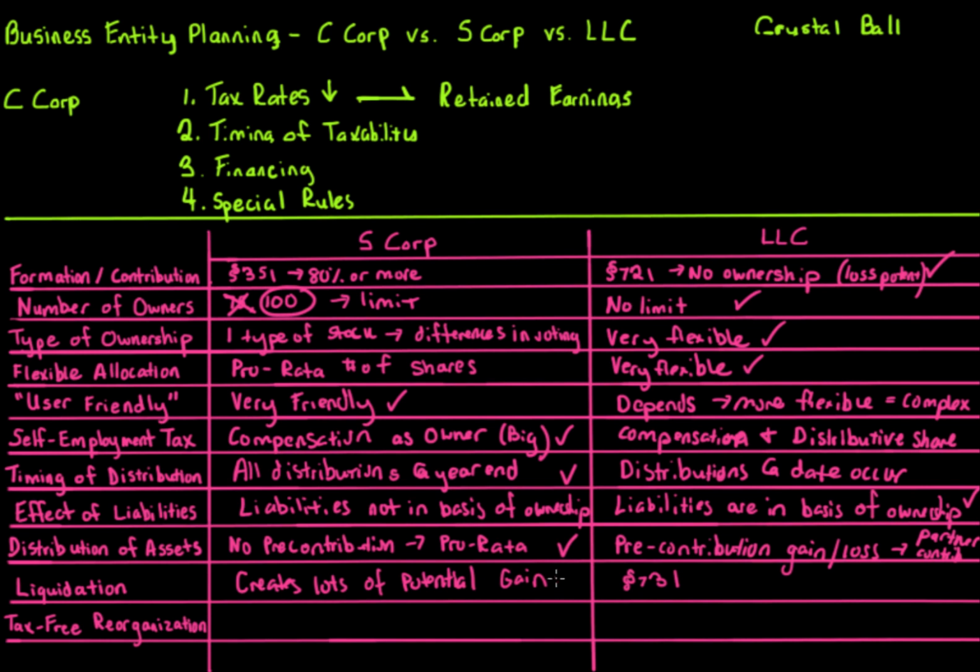So on liquidation of assets for an S corporation, the basis of those assets will be fair market value. But for an LLC, there's no gain, but the basis carries over. So fair market value basis for the S corporation, but for the LLC, no gain and a carryover adjusted basis in the property.